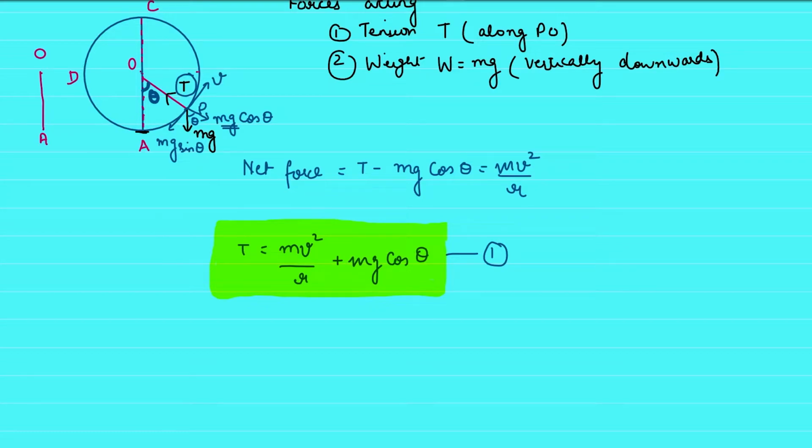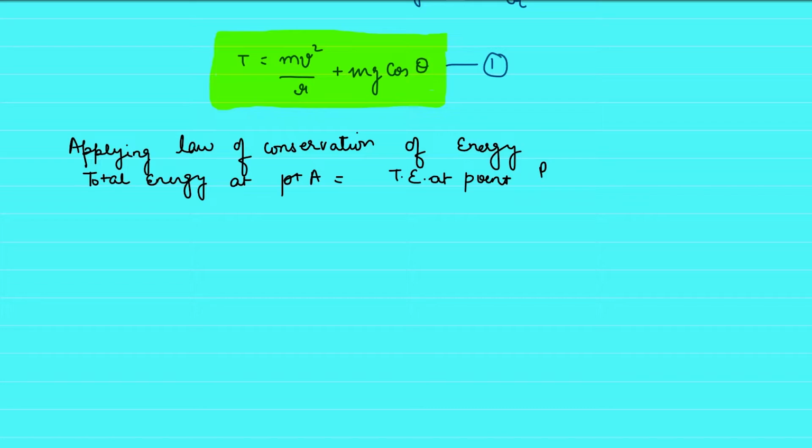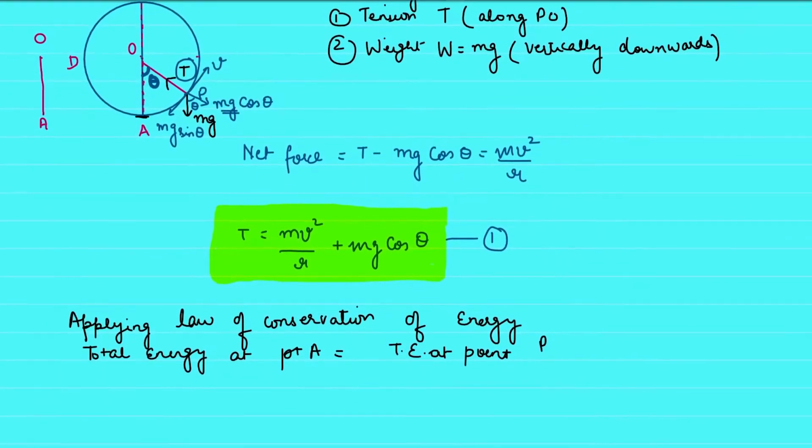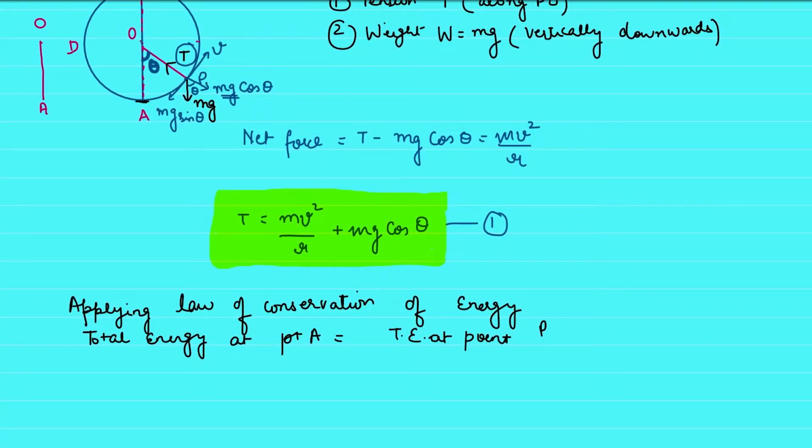So the total energy at point A should be equal to the total energy at point P. Now at point A, we have taken the initial velocity as v1. So at point A, the kinetic energy is given by half m v1 square. However, the potential energy will be 0 as we have taken A as the reference point.